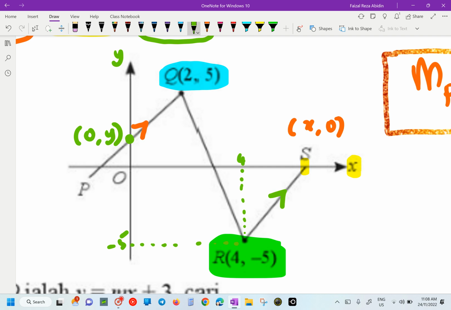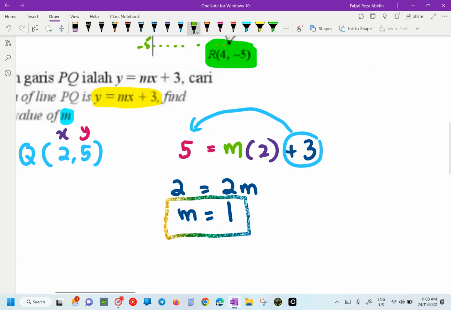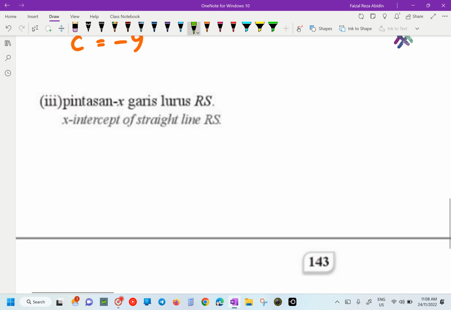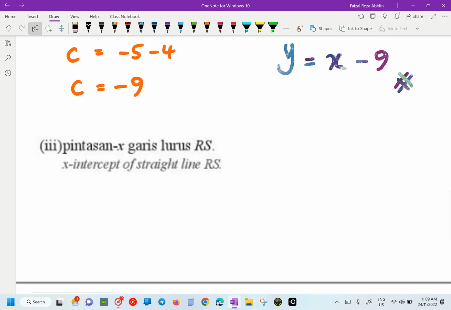Because it lies on our y-axis. Can you understand? Okay. So for the x-intercept of straight line RS, straight away you say that our y is 0. So your coordinate here is (x, 0).